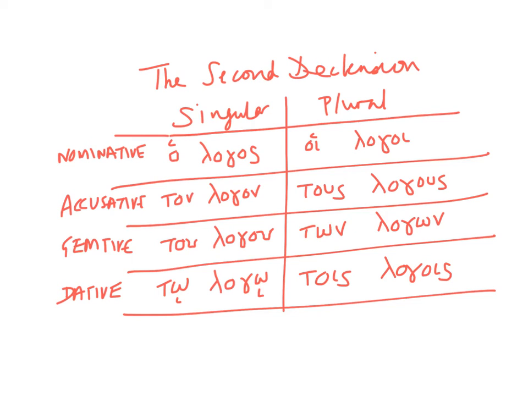The fact that the nominative plural ends in an iota in both the two declensions. Or the accusative ends in a nu in the singular and a sigma in the plural. The dative plurals are similar as well, either ending in ais for the first declension or ois for the second. So find out those similarities as you learn them, as it will help you to get on top of them more quickly.